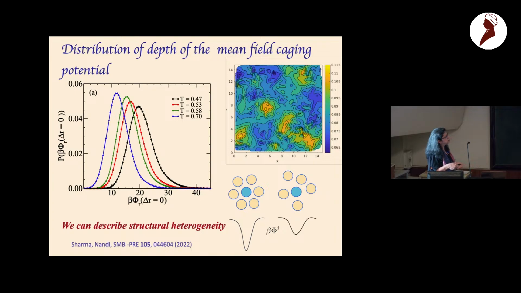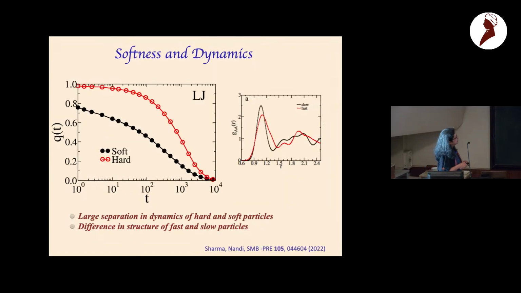That means you can see more caged particles, less caged particles, and there is an evolution of the structural heterogeneity with temperature. We are still above the MCT transition temperature, so it's not a very low temperature, but you do see the structural heterogeneity come up beautifully here. What we can also show is that particles which are in a deeper caging potential, which we call hard, are slower than the particles in a softer caging potential.